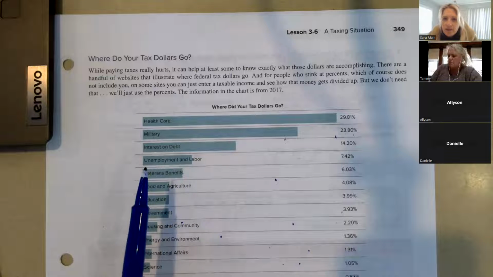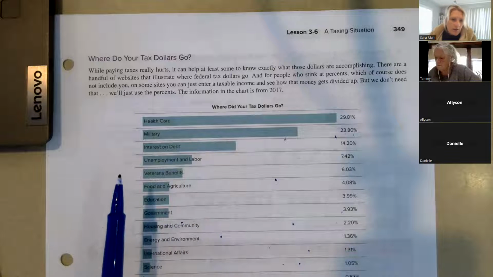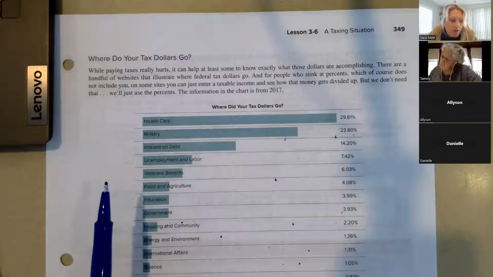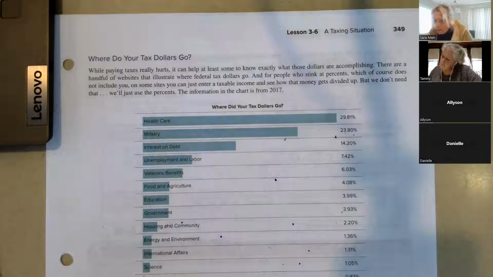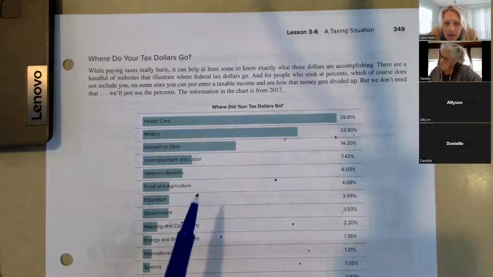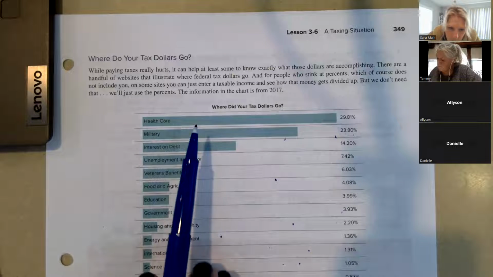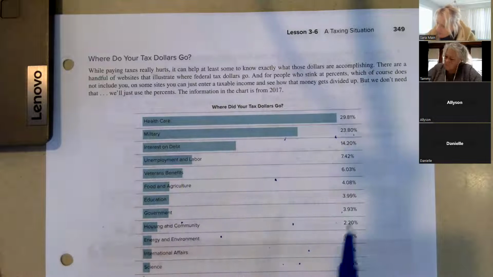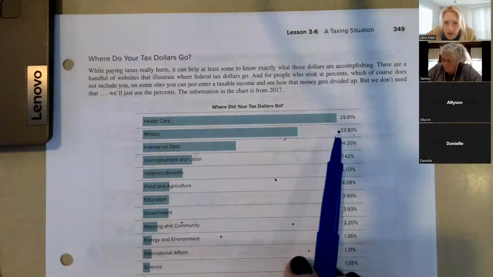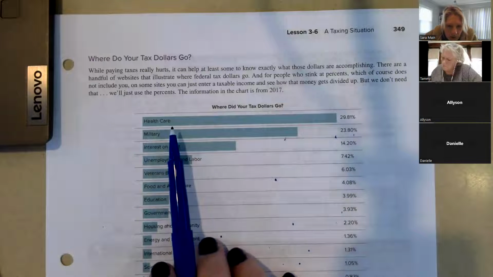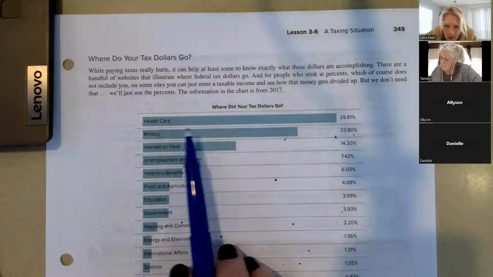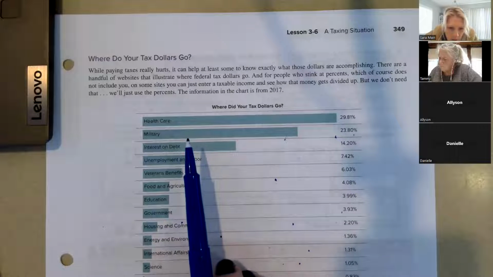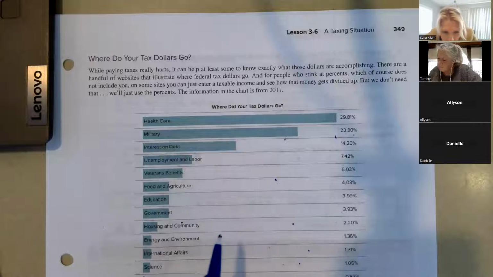And for people who stink at percents, which of course does not include you, on some sites you can just enter a taxable income and it will tell you exactly how your taxes were being spent. So this is the chart from 2017. It says 29.81% of your tax dollars go to healthcare. That was back in 2017. And 23.8% goes to military. And if anybody wants to try to research it, we can share it.